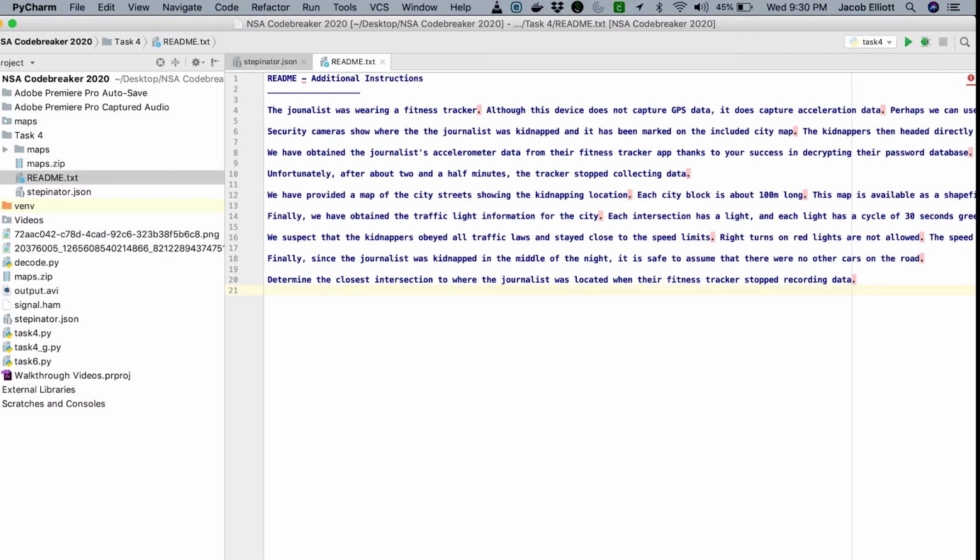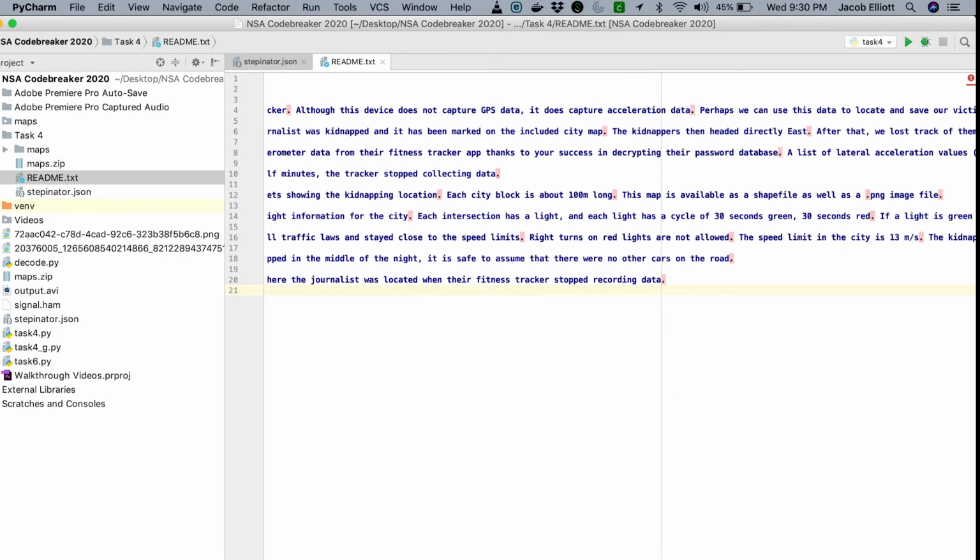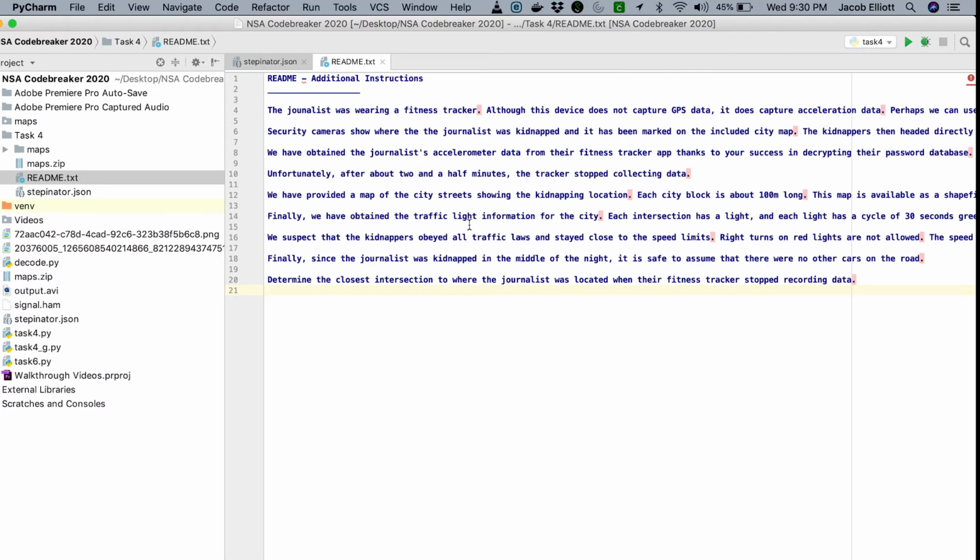They explain that each city block is about 100 meters long, and they provide a map that shows where the traffic lights are and what color they would be at each time, measured in T equals, and that it cycles every 30 seconds. The kidnappers obeyed all the traffic laws and speed limits.